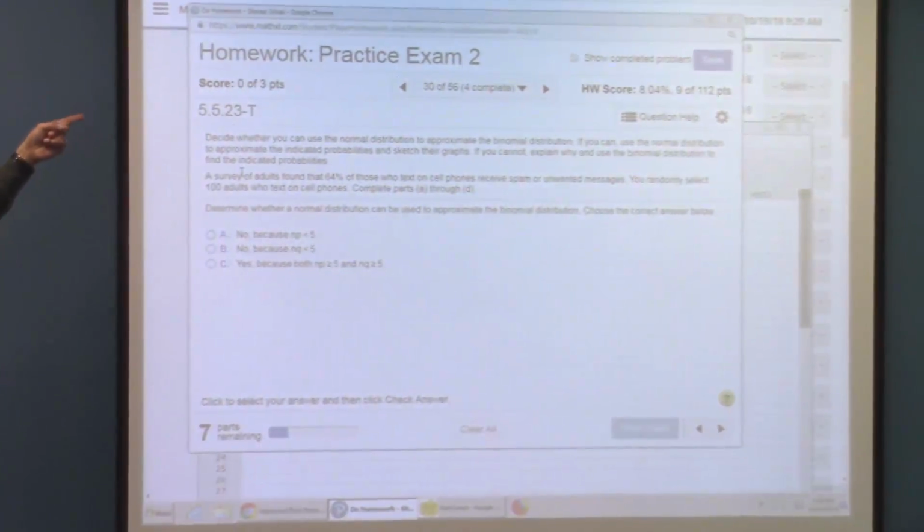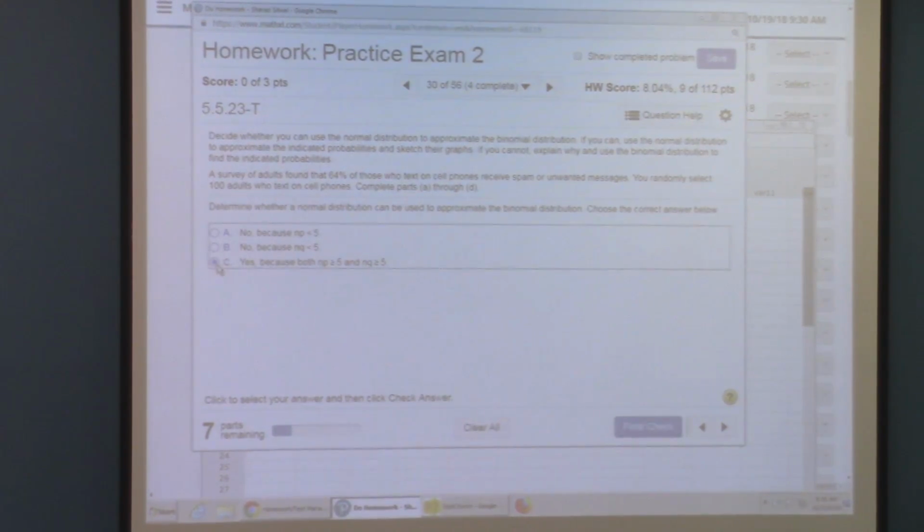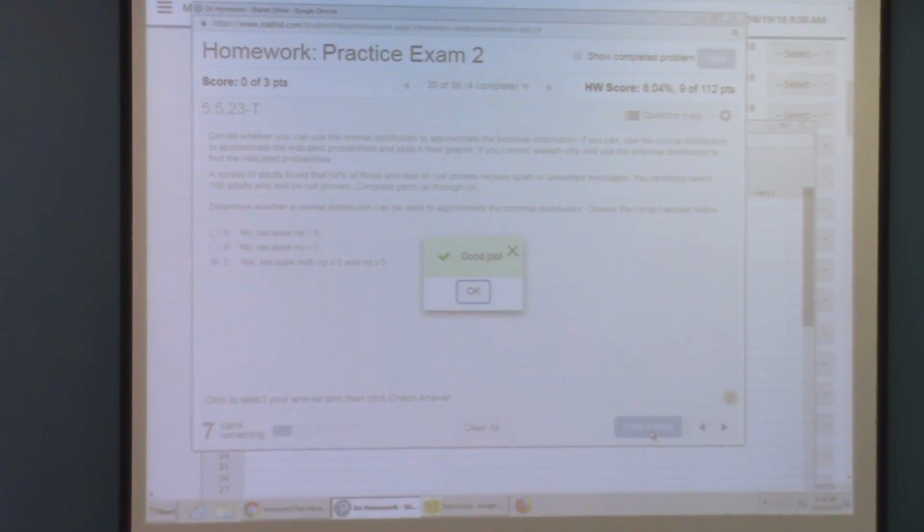And you have p, the success probability, and success in this context means who text on cell phones and receive spam. Okay? So you have n and p. That's how you know we have this blue bar, a binomial distribution in our hand. But we can see that it satisfies those criteria, so we can use normal.